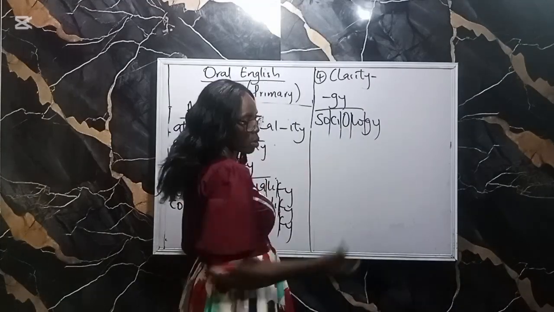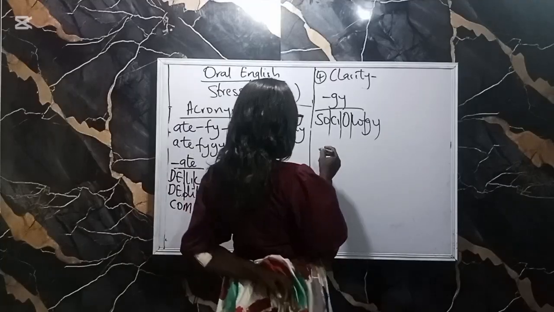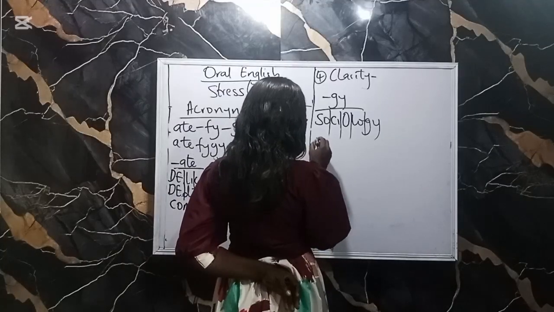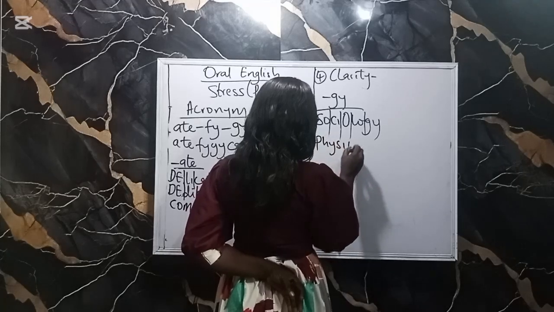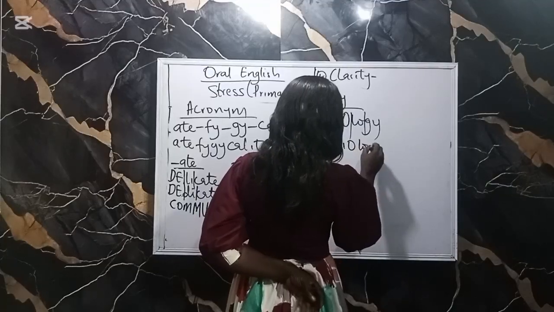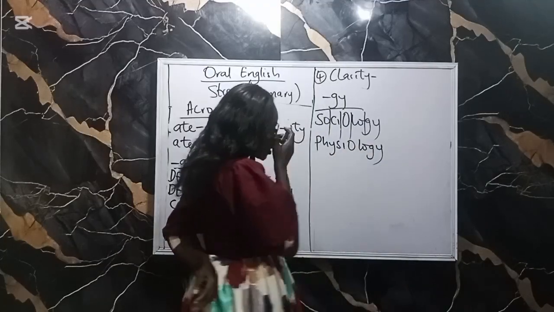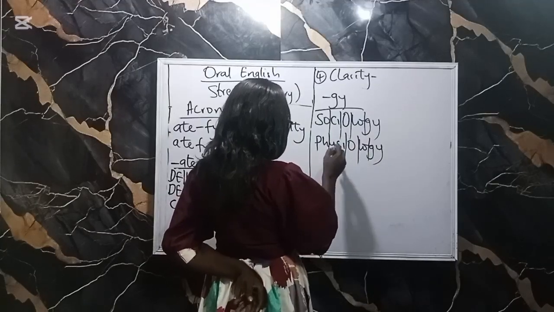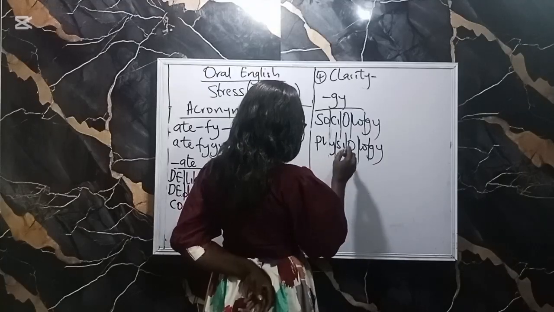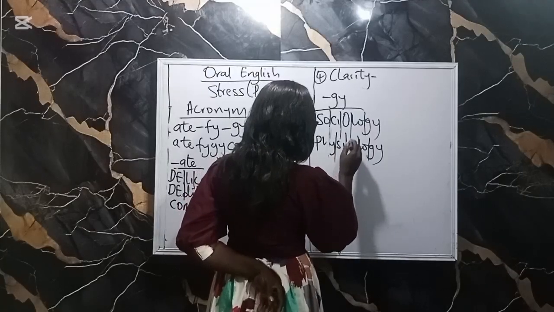Sociology. Now let's look at physiology. The same thing. 1, 2, 3. So this one is supposed to be capital o.